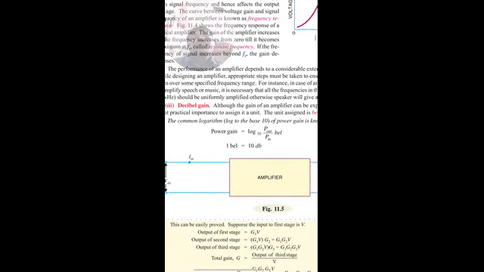And it is represented in the dBs. Because we know the gain of a multi-stage amplifier is the product of the gains of the individual stages. So it is going to be a number value having more number of digits.